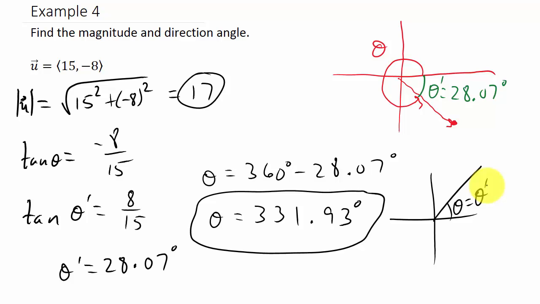They're the same. It's just when it's not in the first quadrant, if it's in the second, third, or fourth, then you have to find your reference angle. And to do that, remember, tangent theta prime, your reference angle, has to always equal a positive number. That's how you get your reference angle. You have to set it equal to a positive.